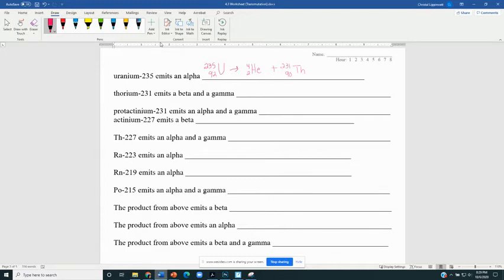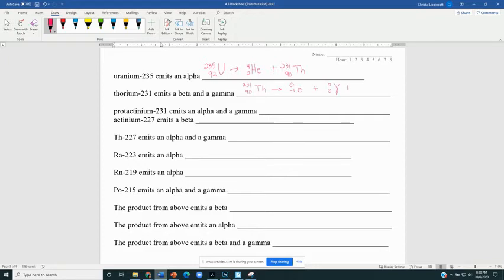And sure enough, you can double check yourself here. Thorium-231 is what we're supposed to have here. So 231, 90, and thorium. And this is going to give off a beta and a gamma. So remember from above, beta is 0, -1, e, and a gamma is 0, 0, and then we have our little gamma symbol.